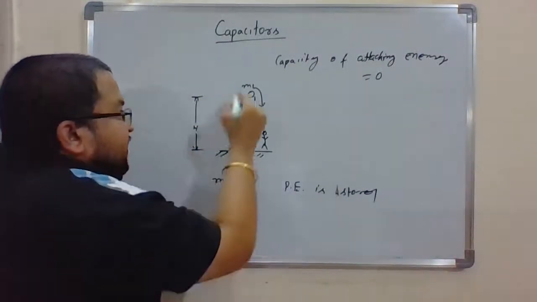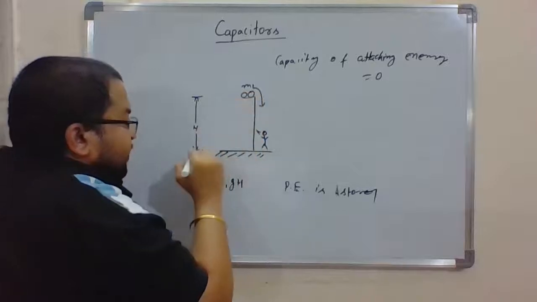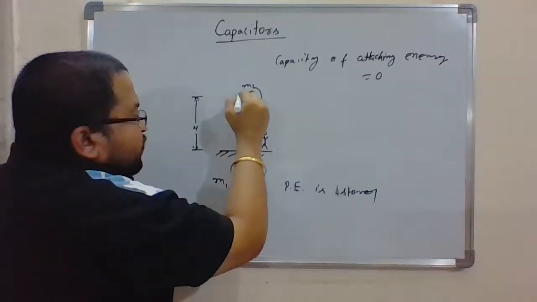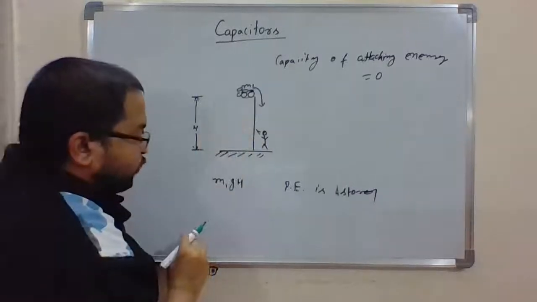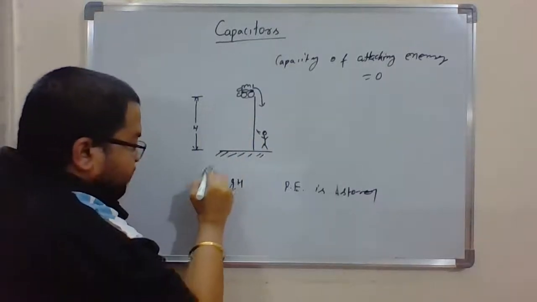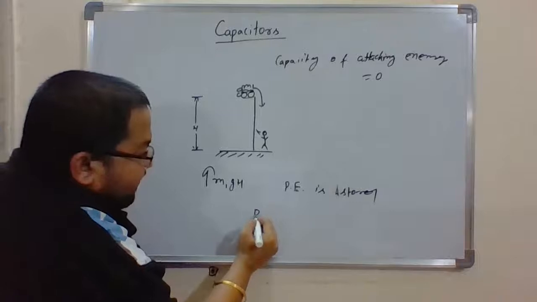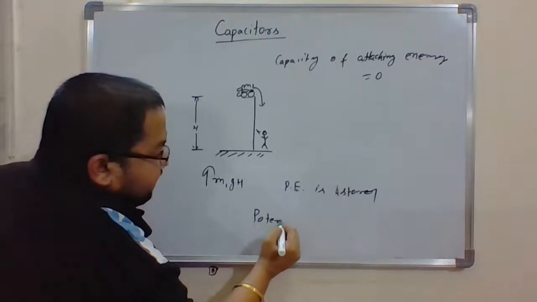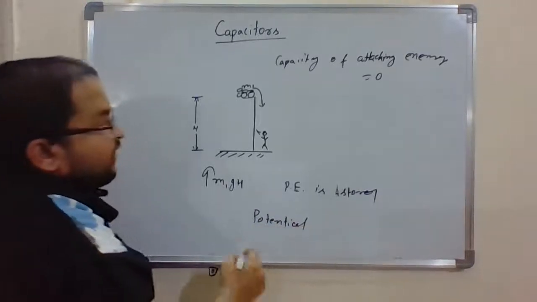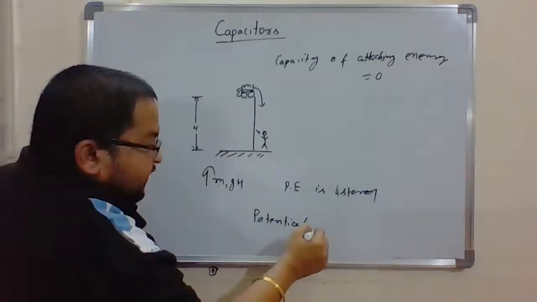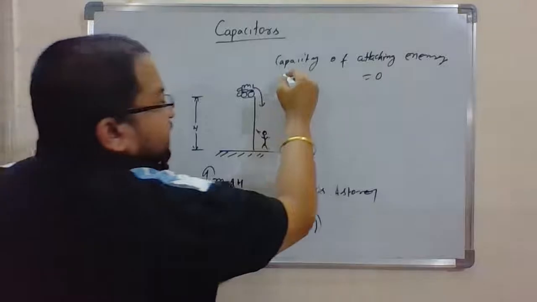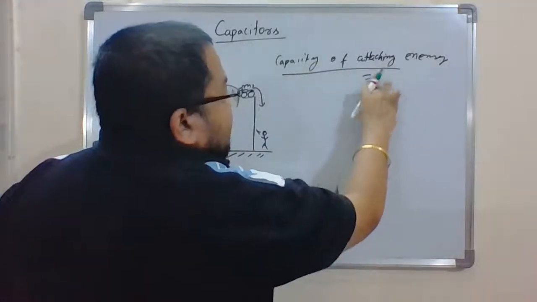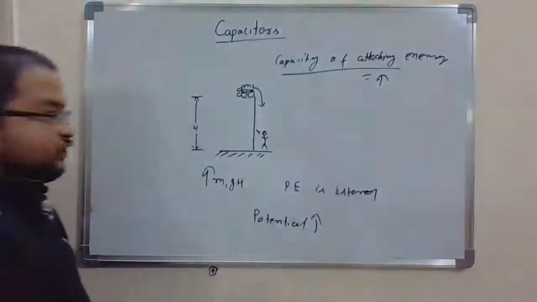Similarly, as I keep putting more and more stones here, or when the mass is increasing, obviously your potential to attack the enemy is also increasing. In the entire arrangement, your capacity to attack the enemy has increased.